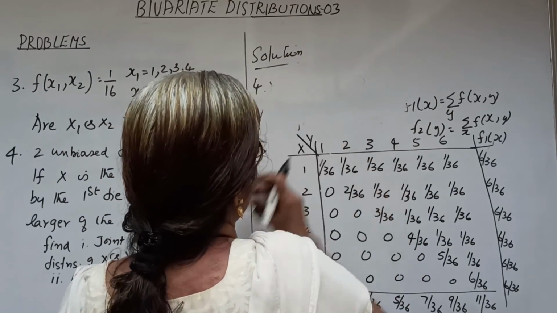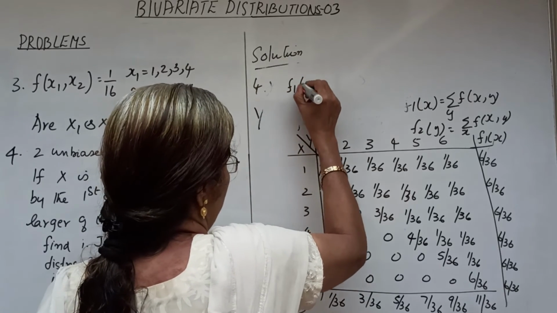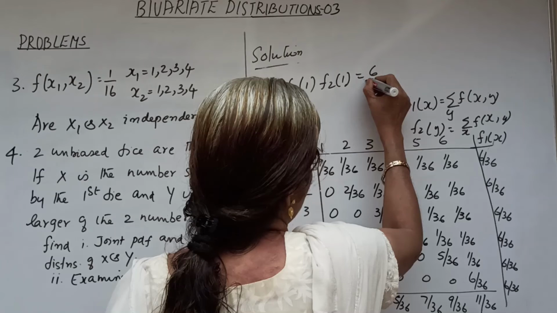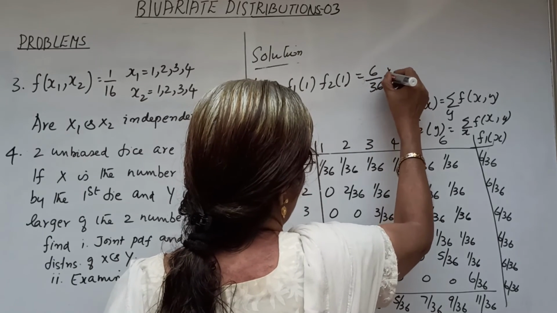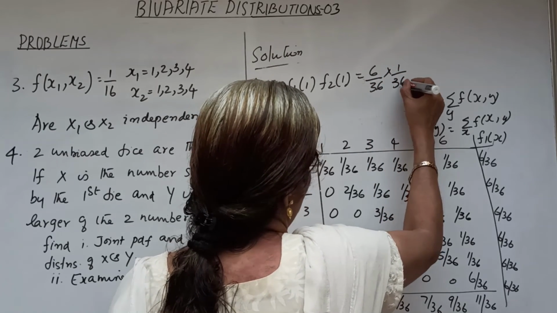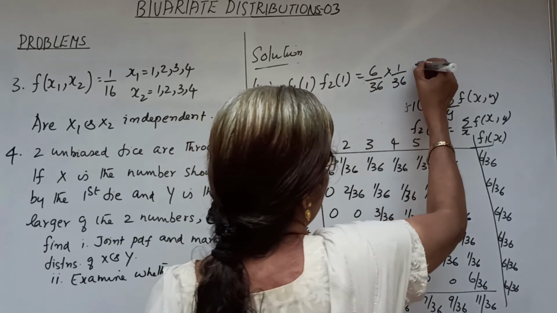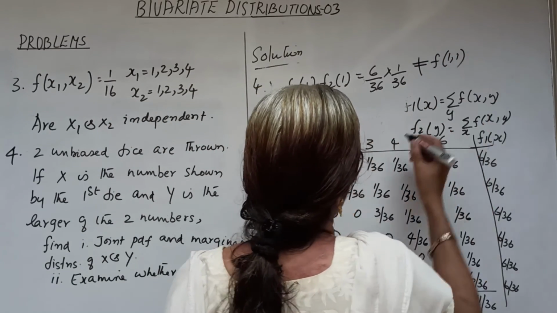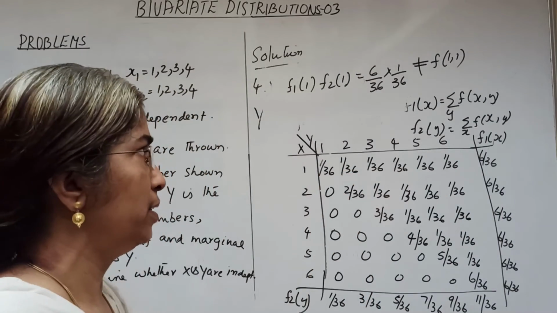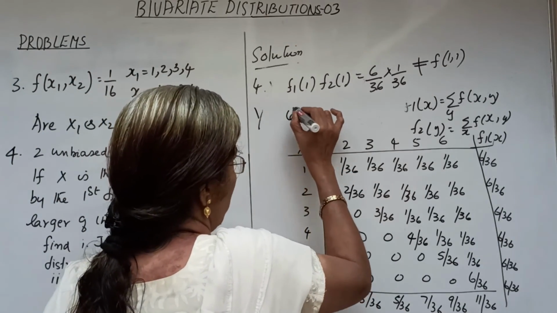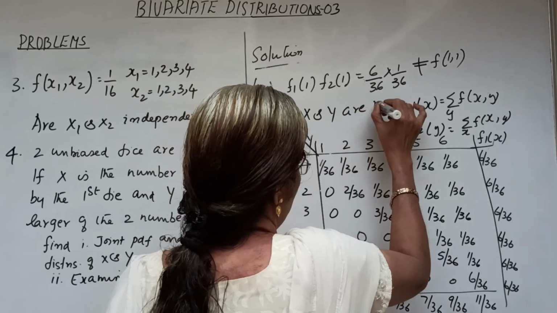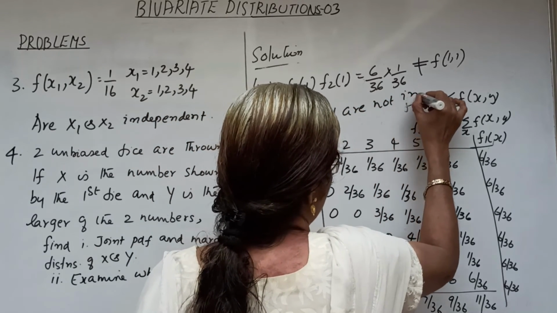That is, F1(1) into F2(1) equals 6 by 36, the first row total, into 1 by 36, the first column total. It is not equal to f(1, 1). That is, x and y are not independent.